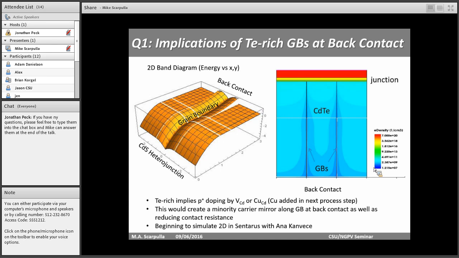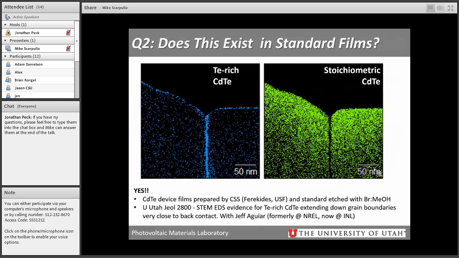So I'm currently working with Anna Kanevce at NREL on simulating this concept and seeing if there's any real benefit to it in terms of implementing it with realistic and achievable doping parameters. But we also asked the question, does this happen in other types of CdTe, other processes of CdTe?